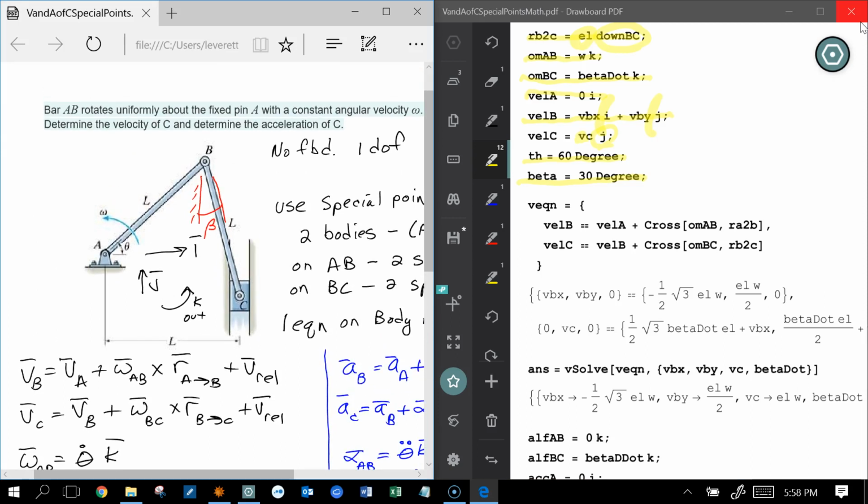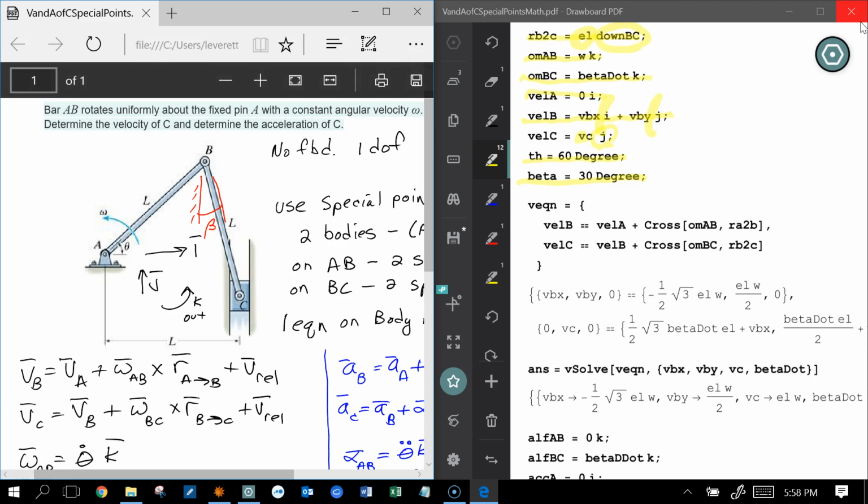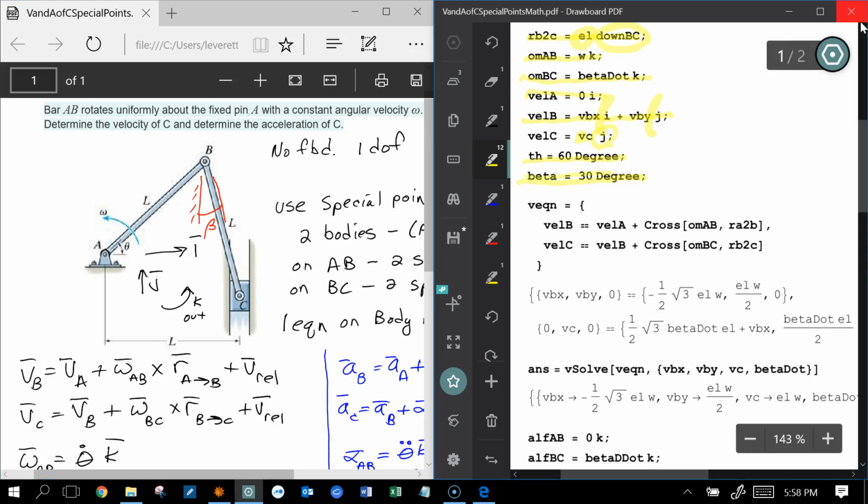If you look at it, the author's trying to make it easy because all of the lengths are equal to L. So when this angle theta is at 60 degrees, the slider is even with point A, and it's an isosceles triangle, and all of the angles on the inside are 60. If all the interior angles are 60, beta is 30. So that's how I knew it. I'll show you another way of finding the angle, but you've got to find the angles.